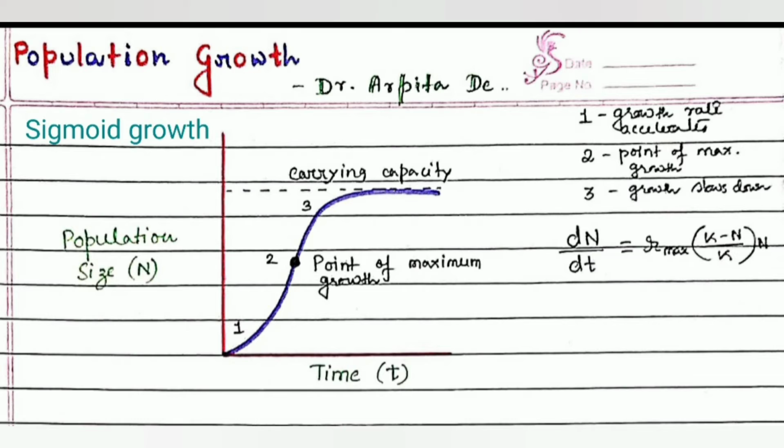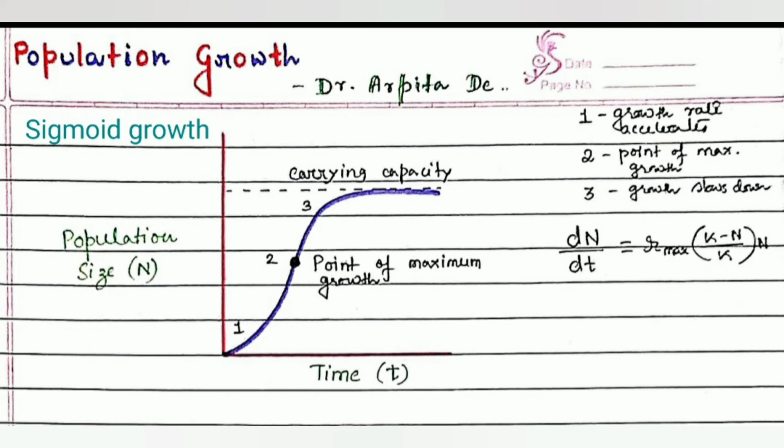Next we'll come to sigmoid growth curve or S-shaped growth curve. Here you will first see a phase which is denoted by digit 1 here. You will see the growth accelerates here. Lag phase, it lags.